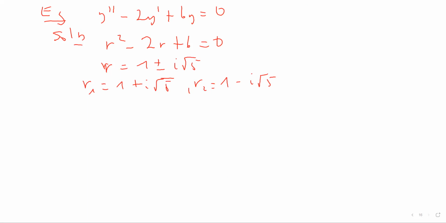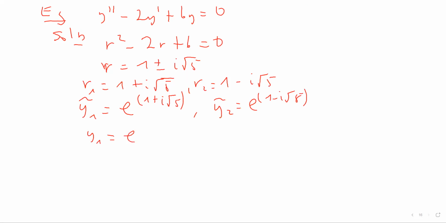Then you can write y1 tilde to be e^((1 plus i square root of 5)t) and y2 tilde to be e^((1 minus i square root of 5)t). So y1 is e^t cos square root of 5t, and y2 is e^t sine square root of 5t.